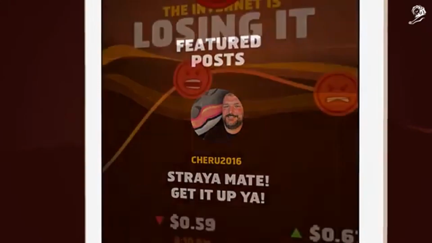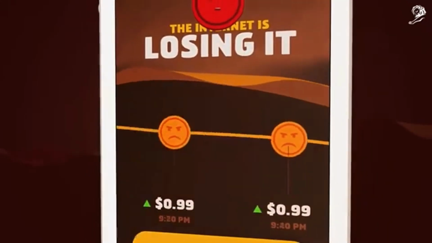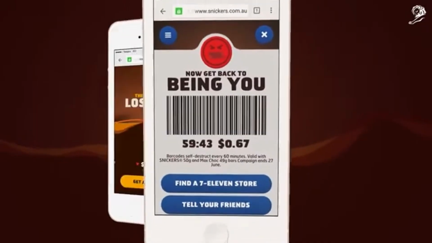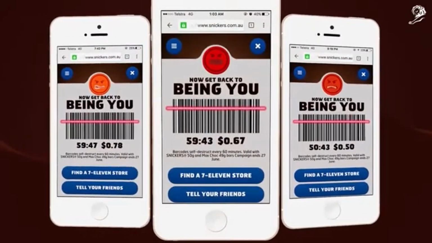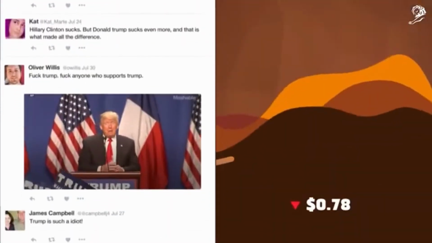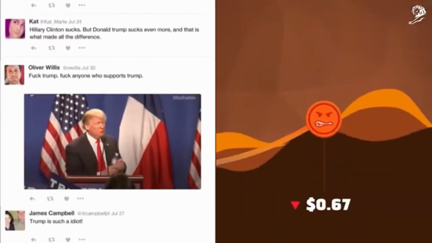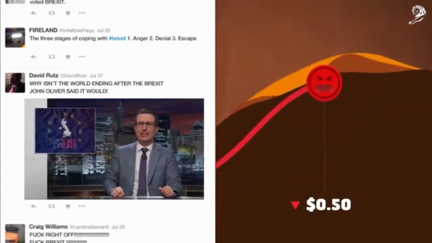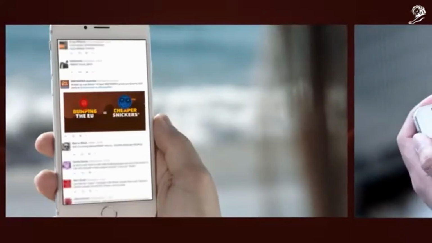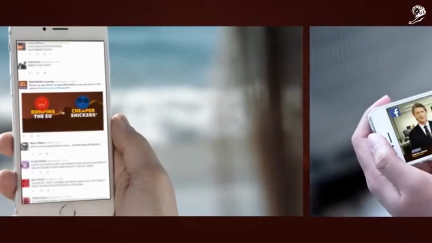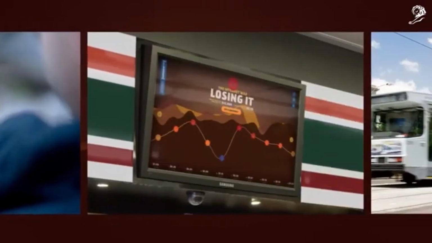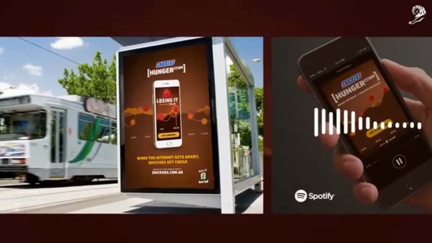Prices updated 144 times a day, and users simply clicked Get a Snickers on the Hungerism mobile site to get a 7-Eleven barcode. No downloading apps or printing required. That would have just made them angrier. Each new price had a backstory, whether it was a politician saying something utterly stupid, people losing their minds over a show, or a country breaking up with the entire EU. As prices dropped, fans were alerted via reactive social content. There has been considerable fluctuation on the Hungerism lately. Live in-store displays, and more.